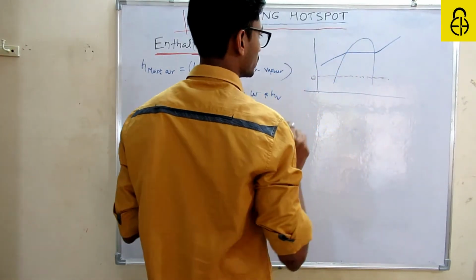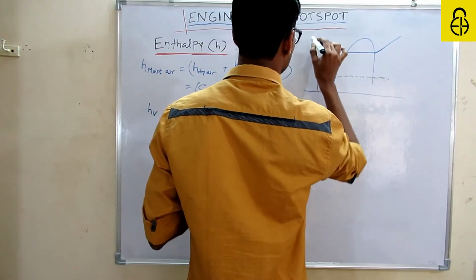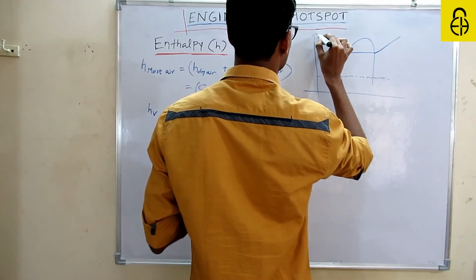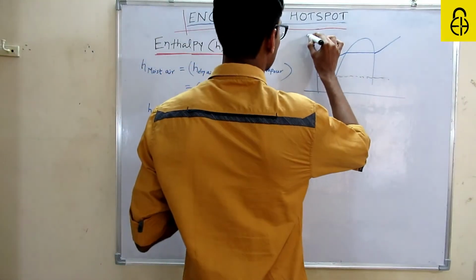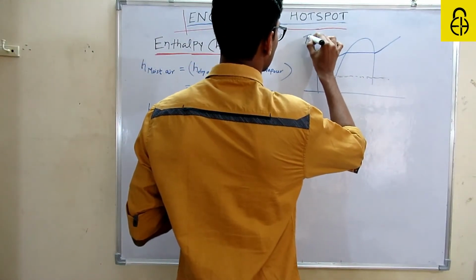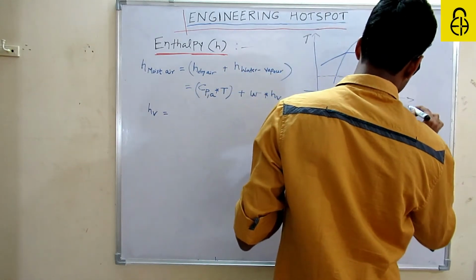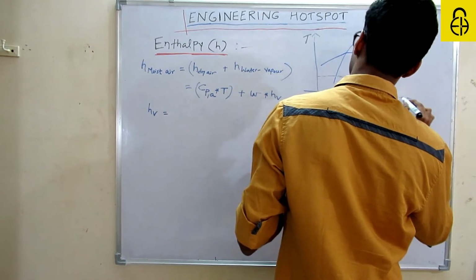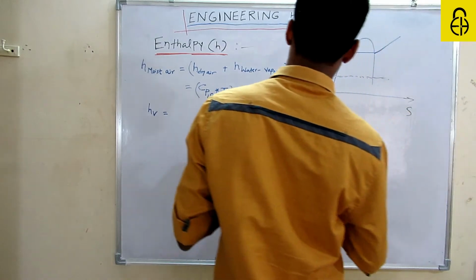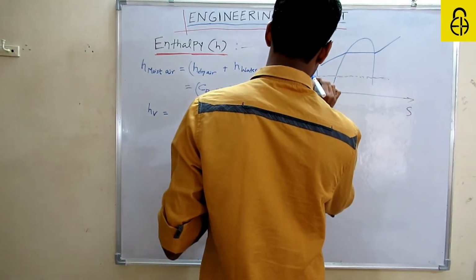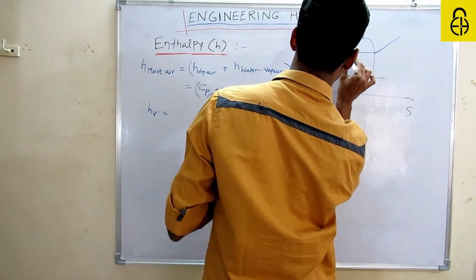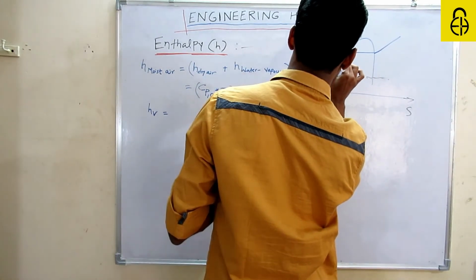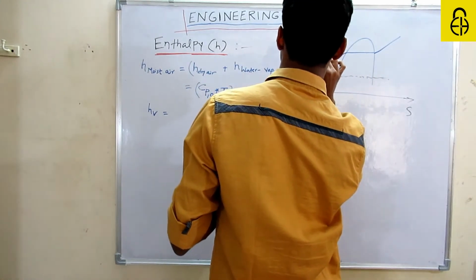This is actually a T-H diagram. This is 0 degrees Celsius, and suppose this temperature is T degrees Celsius.